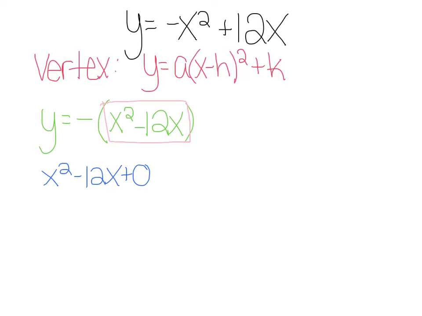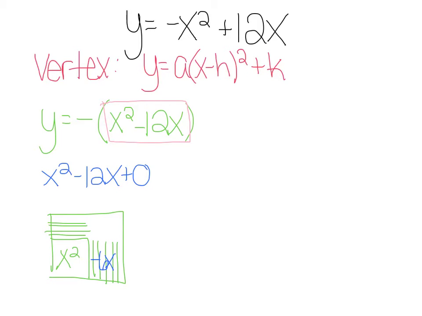I want to put this into a perfect square. So I know I have x squared, and then I know that I have negative 12x's, which I need to split up evenly. So I'm going to have negative 6x's here, and I'm going to have negative 6x's here.